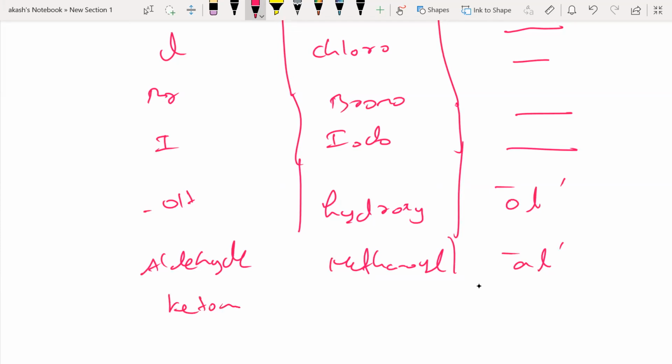And then if you have ketones, you should write oxo or keto as the prefix, and the suffix is going to be one.